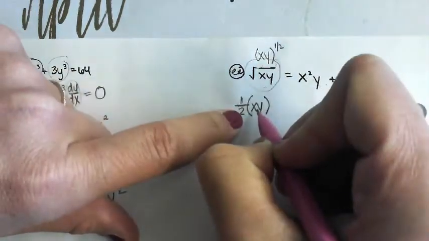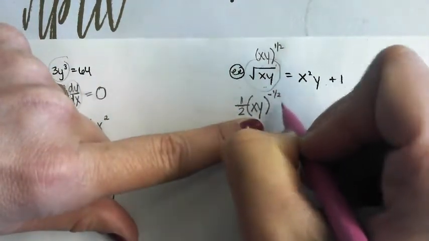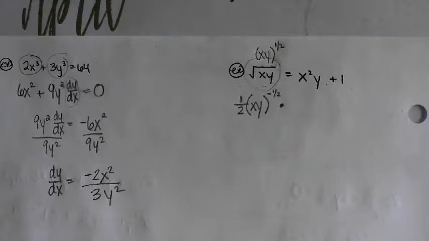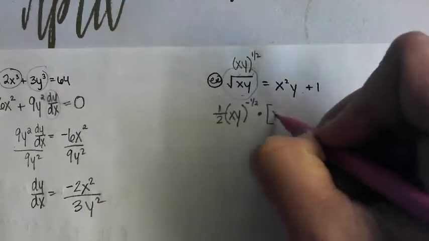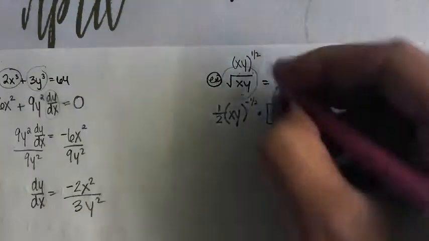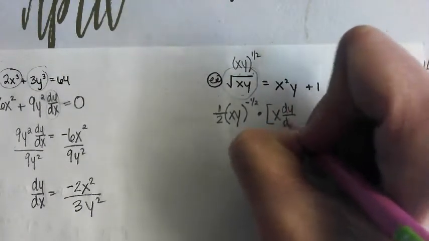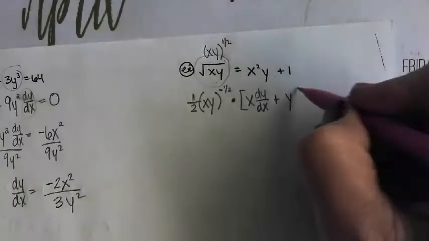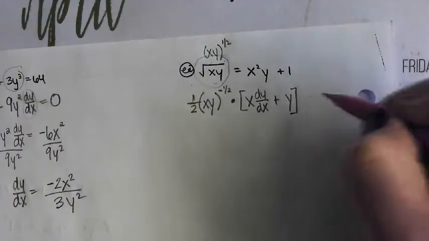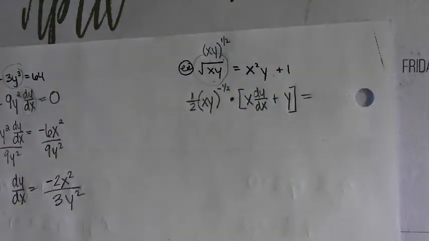So 1/2 out in front, xy to the negative 1/2, times the derivative of what's inside. And what's inside here is a product rule. So that would be first times the derivative of the second, dy dx, plus the second, y, times the derivative of the first, which is just 1. Close your bracket, equals.